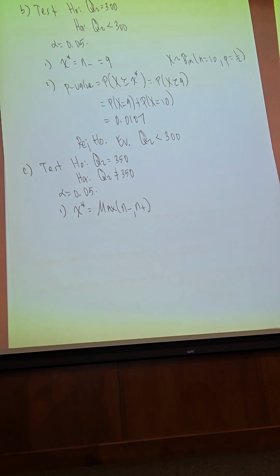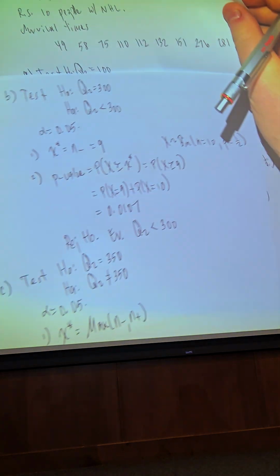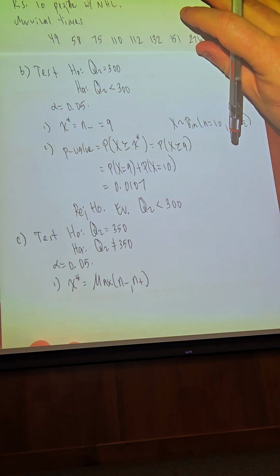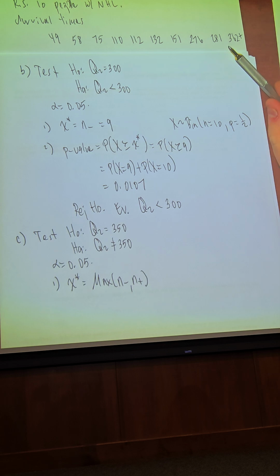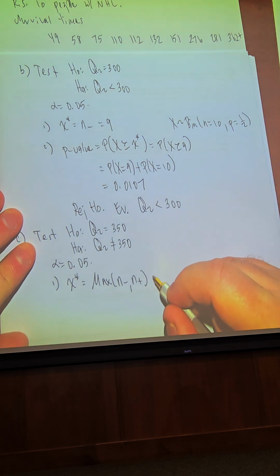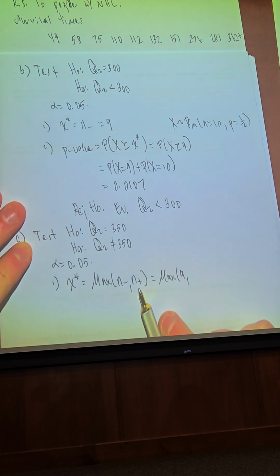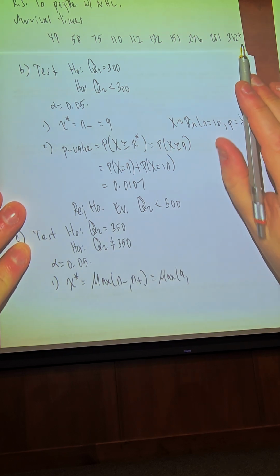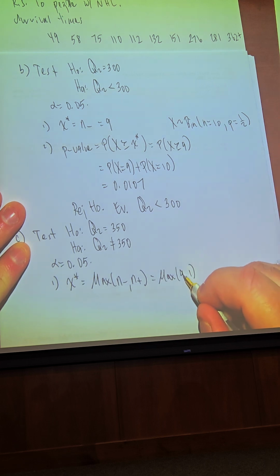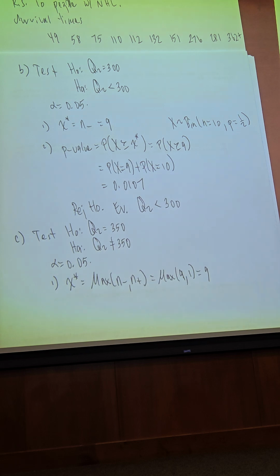Where n minus is the number of data points less than 350. So what is n minus? It's the number of data points less than 350, which of course is 9. And n plus is the number of data points greater than 350, which of course is 1. And if you take the maximum of 9 and 1, what do you get? 9.